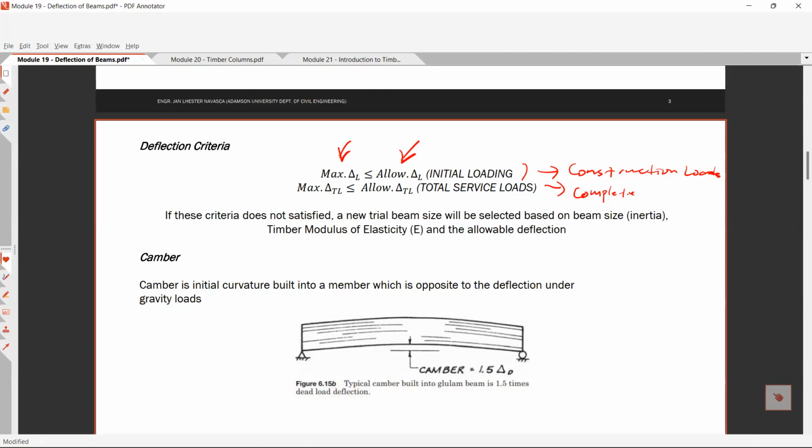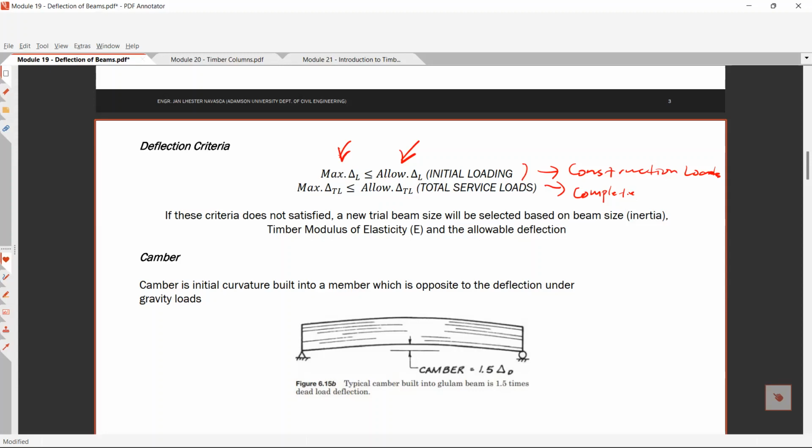So meron ding instances naman na hindi sila pumasa sa strength requirement pero pasado sila sa deflection. Okay, meron ding ganung instances. So, dun sa first instance, pasado sila sa strength requirement pero hindi sila pumapasa sa beam deflection. So ano yung solution na gagawin ng engineer?